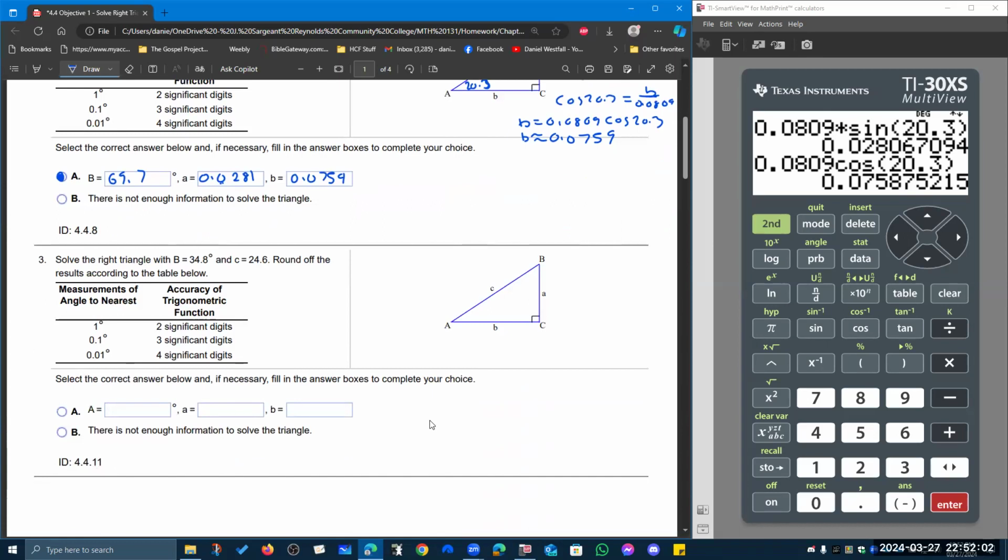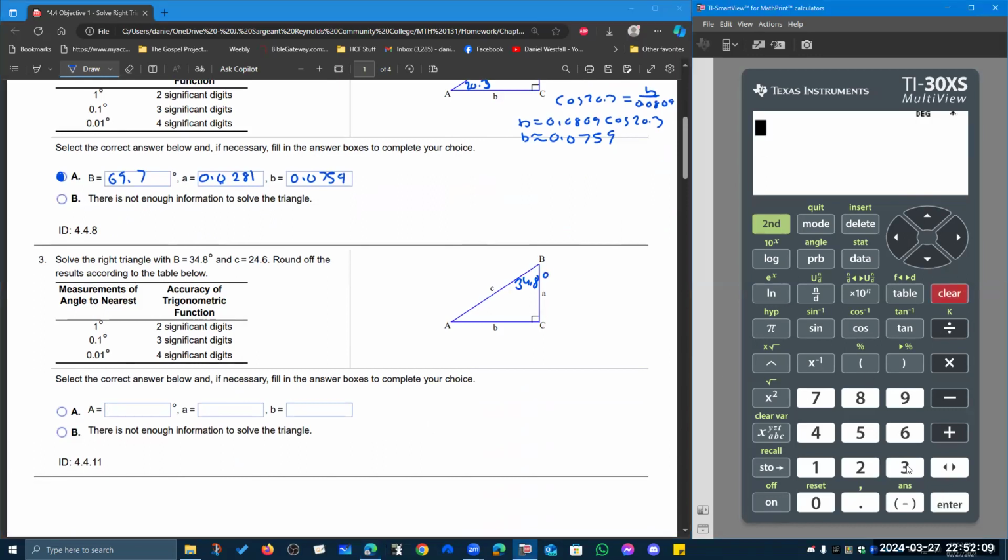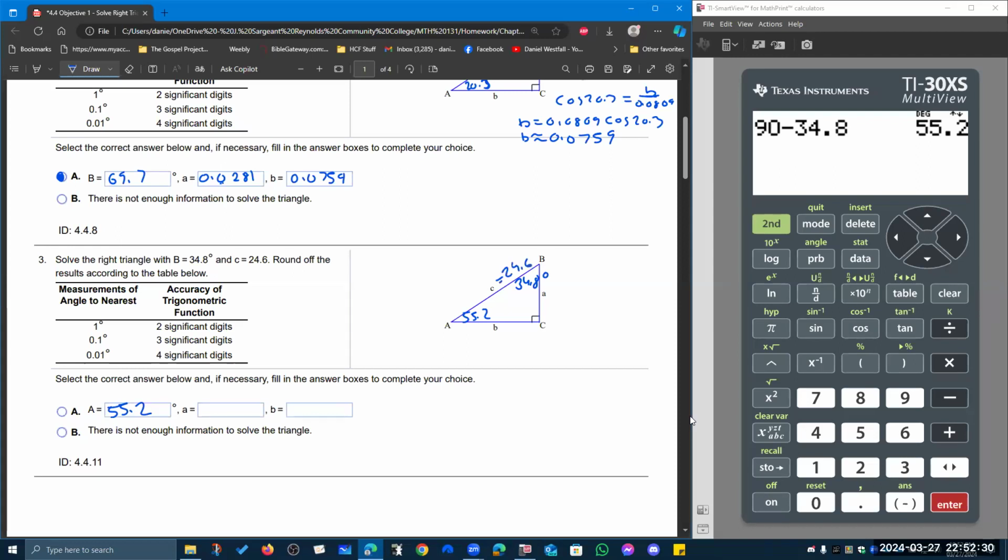Angle B is given to us as 34.8 degrees. And 90 minus 34.8 is going to give us 55.2 for angle A. And side C is 24.6.